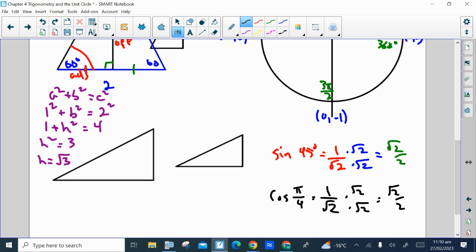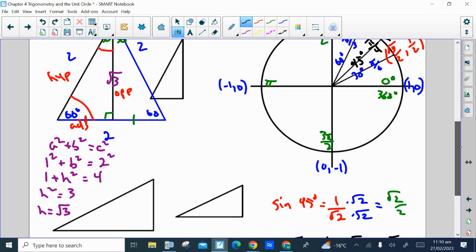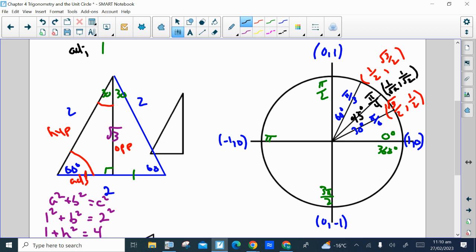So I'm going to go back and make those changes on the unit circle. And what this does is it gives all the denominators here the same value of 2. Okay? So let's make that change right now. This will be root 2 over 2, which remember came from the cosine.